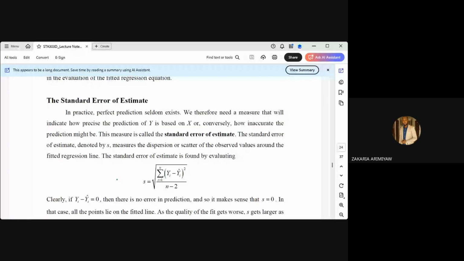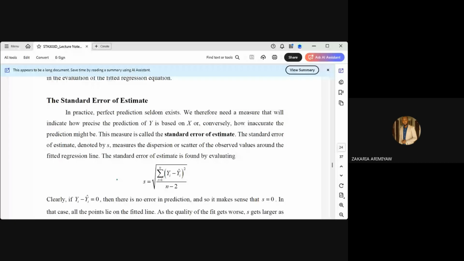But when you calculate and the value is large, it means that the equation is not providing a good fit. And if it gives you a small value, it tells you that the equation is providing quality predictions.